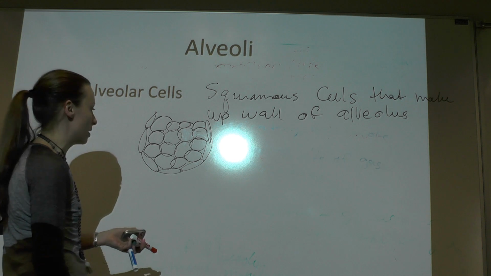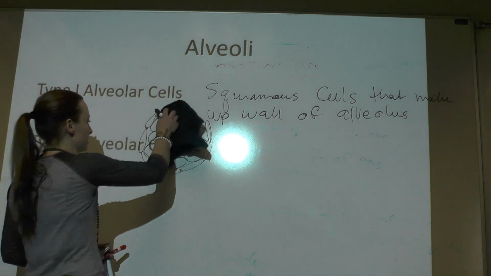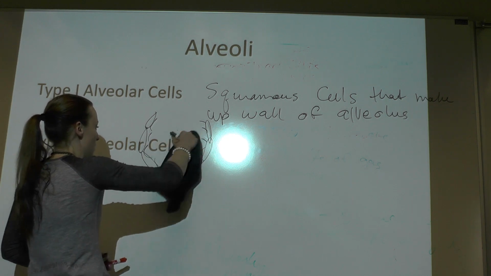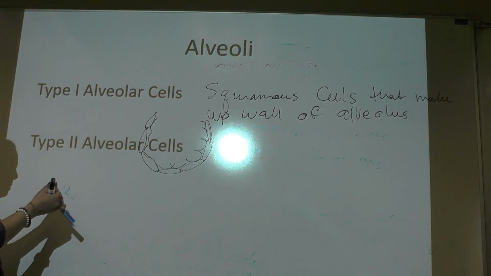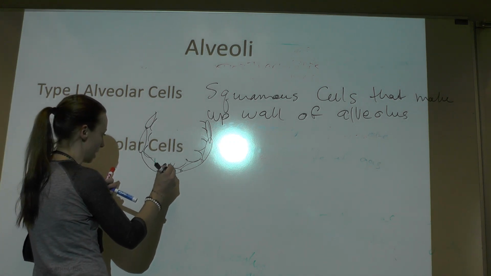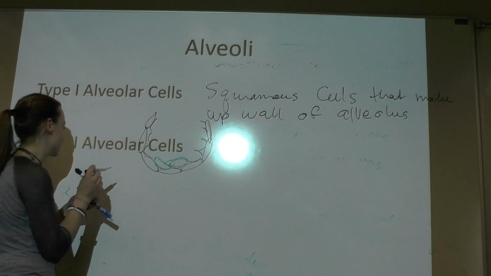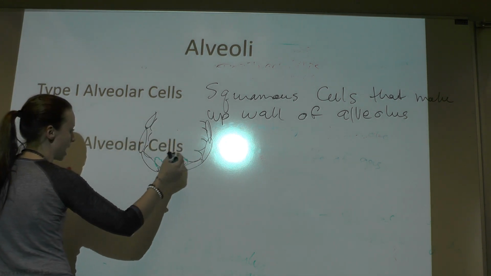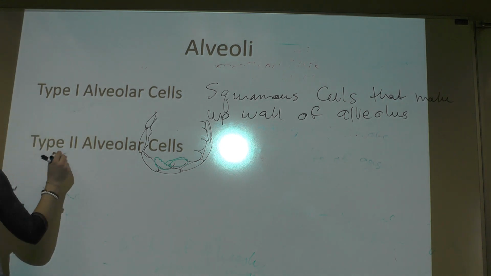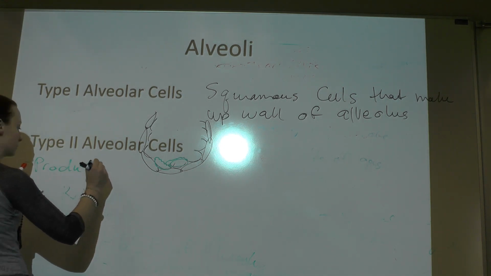Then, associated with them, we see this second cell type, the type 2 alveolar cells. They're these little guys sitting in here, and they produce this stuff called surfactant, which they secrete into the alveolus. So our type 2 alveolar cells produce surfactant.